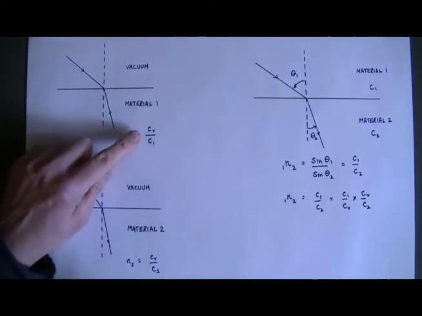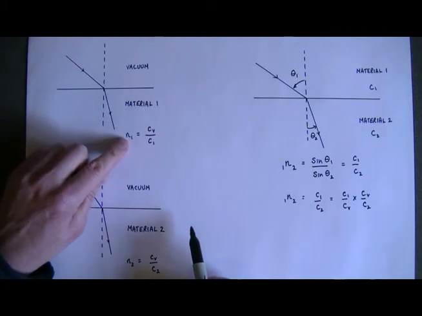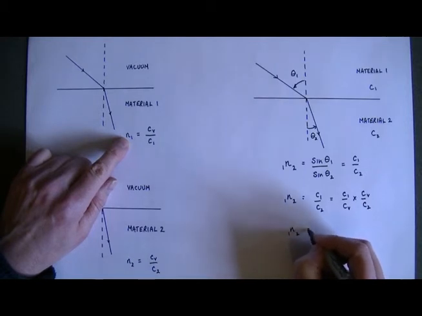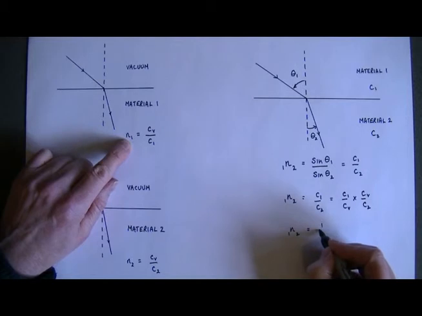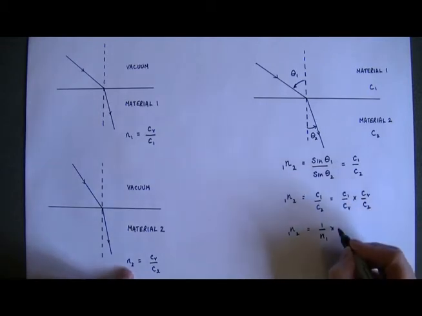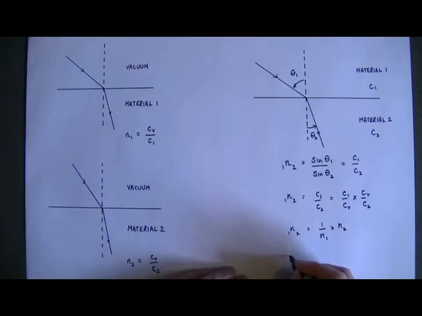So looking at what I've got over here, Cv over C1 is 1 over n1, so n from 1 to 2 equals 1 over n1 times Cv over C2 is n2, so the refractive index from 1 to 2 is equal to the absolute refractive index n2 divided by the absolute refractive index n1.